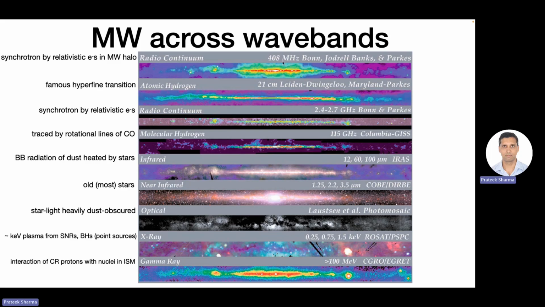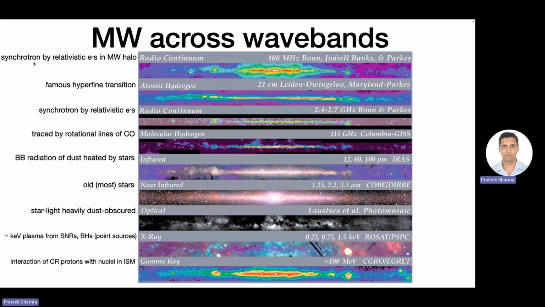So this is a 408 megahertz survey by telescopes in Bonn, Jodrell Bank, and Parkes, and so on. So this is radio imaging, and this is radio continuum. So what's the source of this radiation?